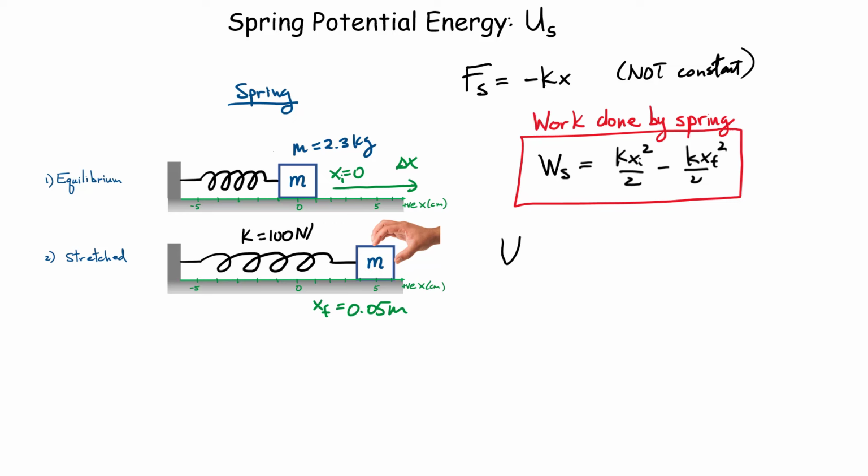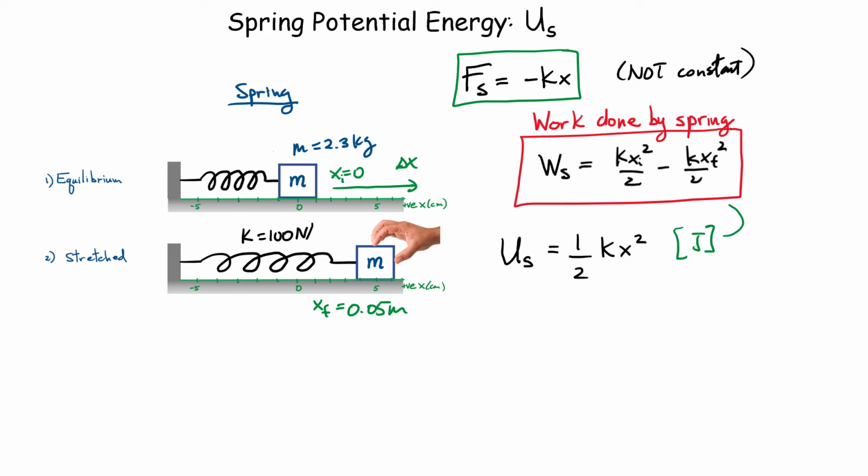The definition of spring potential energy is pretty straightforward. It's 1/2 kx squared, where k is the spring constant and x is the displacement. The same variables that appear in Hooke's law in the force equation appear over here in our spring potential energy. This is measured in joules.